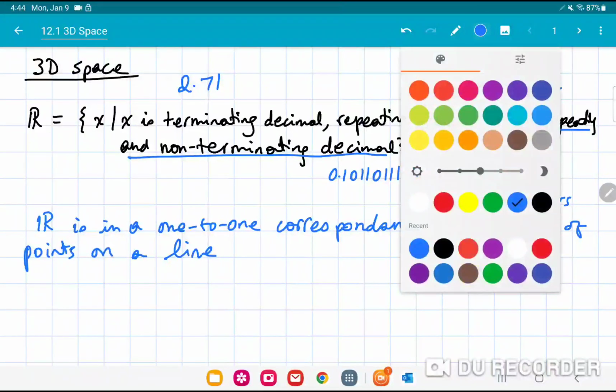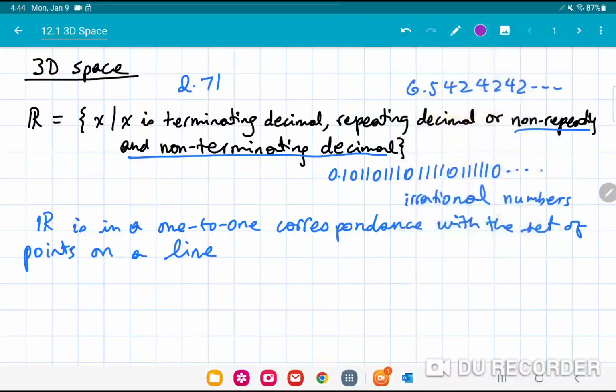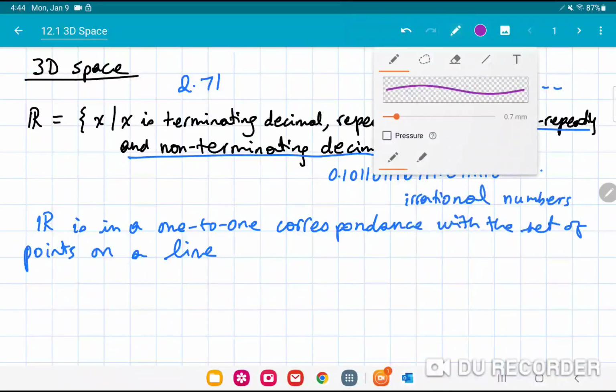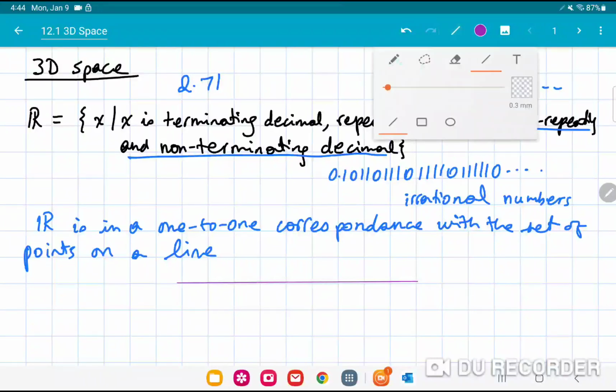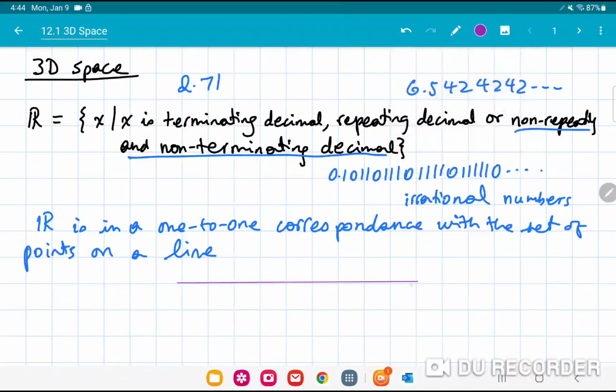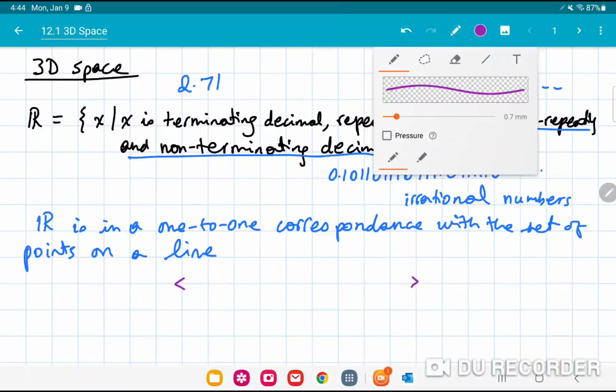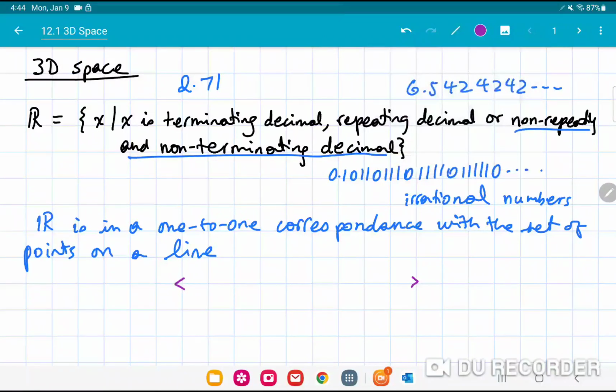Okay, what that means is this. Say you take a line, and it's not a line segment, so it's not stopping. Okay, this line is crooked. Let me make another one. So I'll start here.